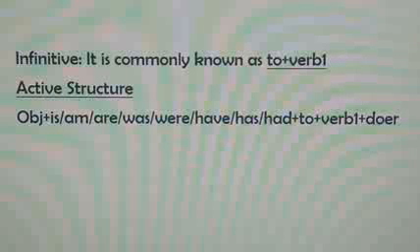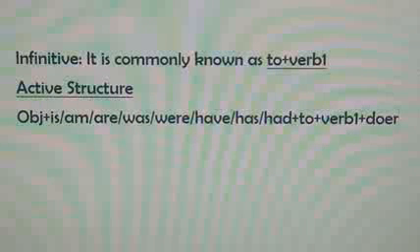Over here, is, am, are, was, were, have, has, had are the helping verbs, and they will be used according to the object and according to the tense. In whatever tense the sentence is, the helping verb will be selected accordingly.